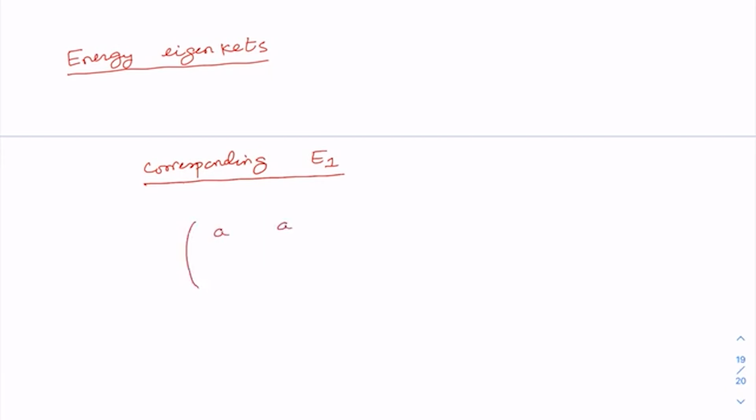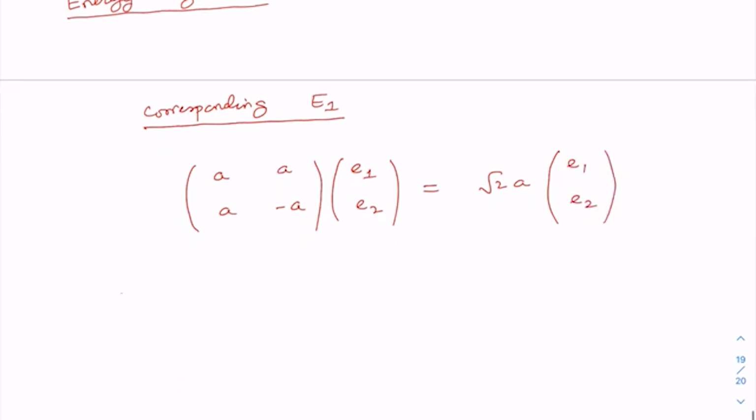The Hamiltonian is A, A; A, minus A, and let us say the eigenvector is a column vector with elements e1, e2, and the eigenvalue is root 2 A. So only one equation is sufficient.